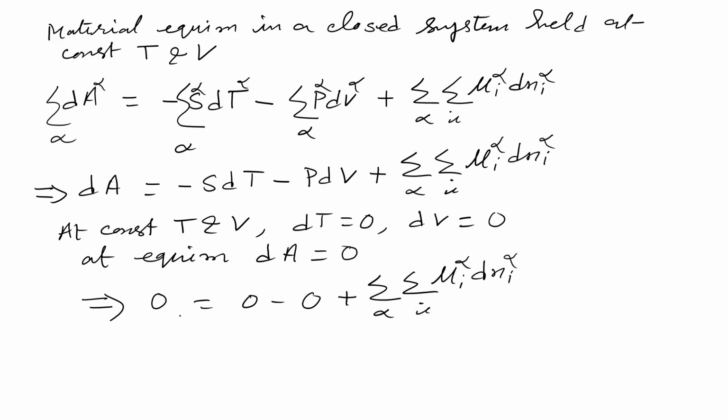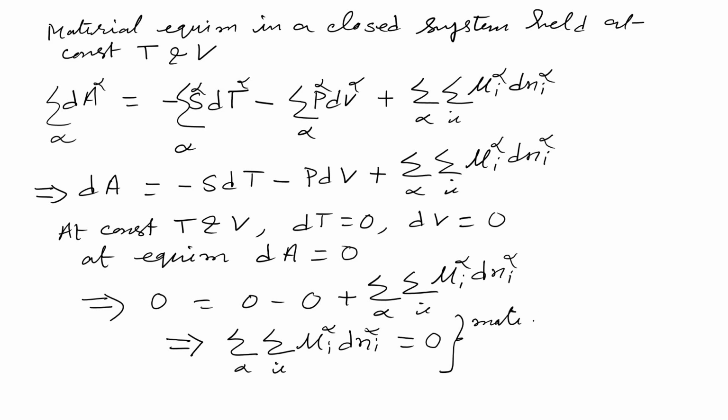So from here I can write the same thing, that is the summation over alpha, summation over i, of mu i alpha dn i alpha is equal to 0. Okay. So what have I derived this for? Material equilibrium, number one condition.